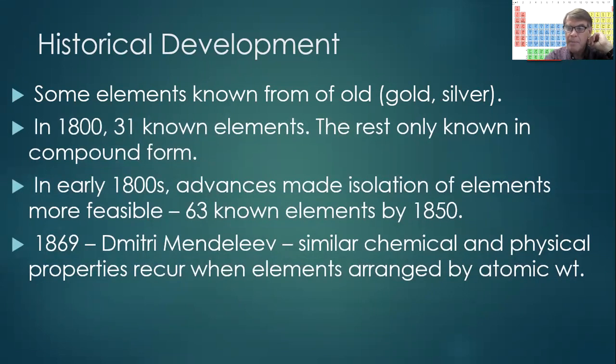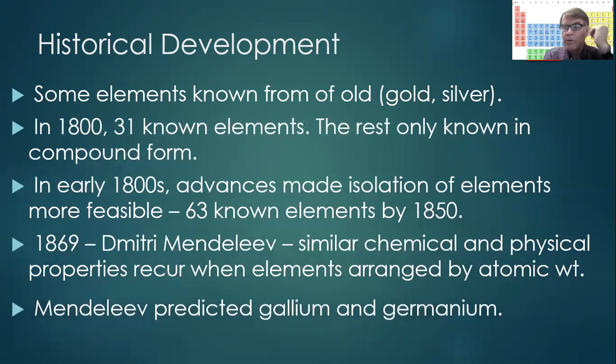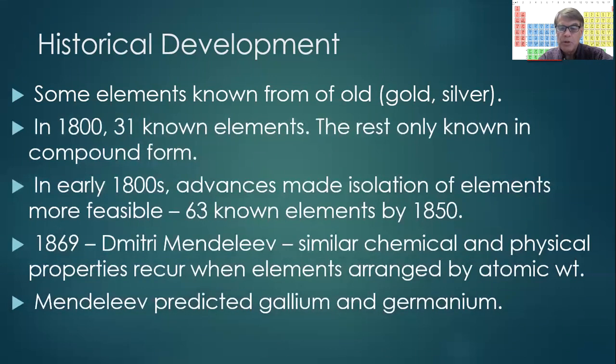It's like you can line them up into columns, and you would find that this group of elements by atomic weight have similar properties. And as you go up in atomic weight, each group has similar properties. And of course, the periodic table is born. And in fact, this allowed Mendeleev to predict elements that weren't discovered at that time.